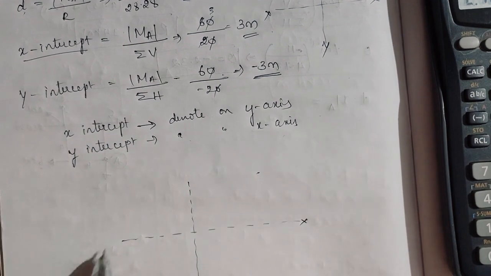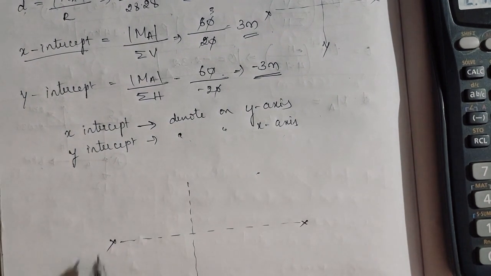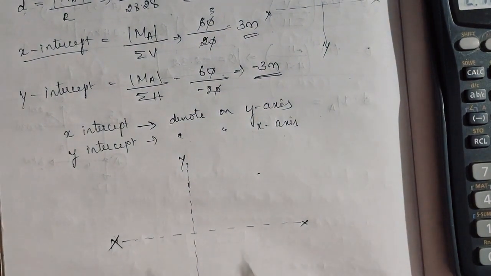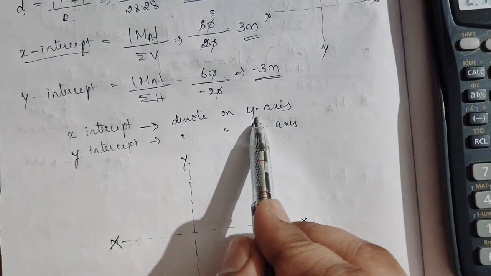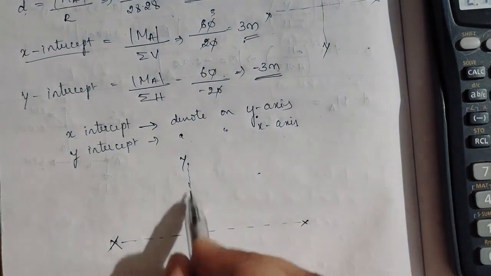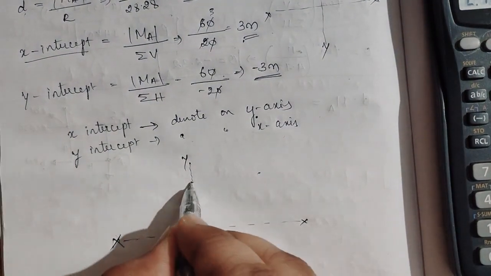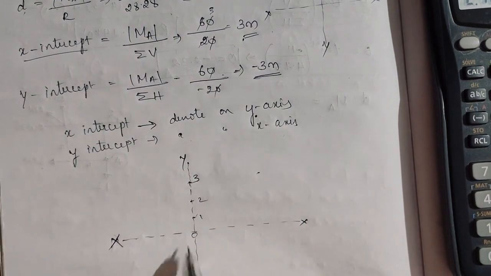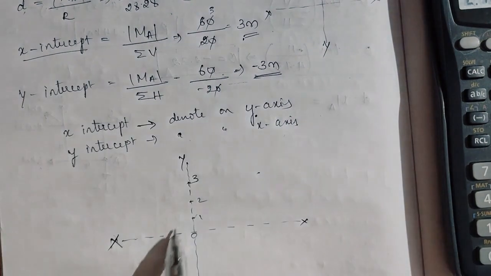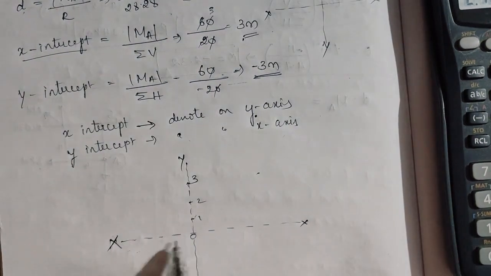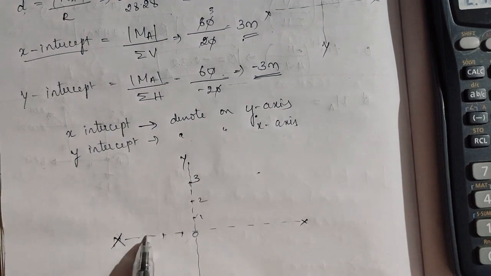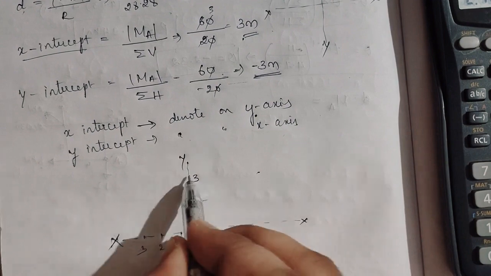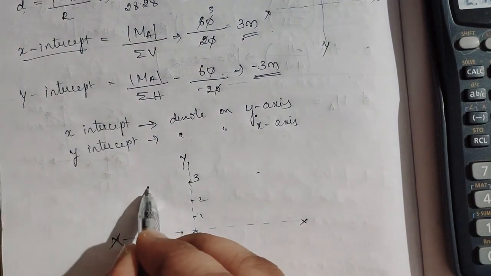So this is x axis, this is y axis, right? So what we got, x intercept on y axis 3 meter plus 3. So plus 3, 1, 2, 3, correct. This is 0. Now y intercept is minus 3. So minus 3 means minus of x, that is 1, 2, 3. So here 3, here 3, we'll get a point here, right?